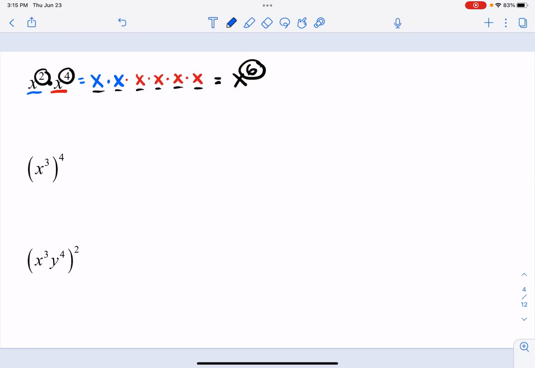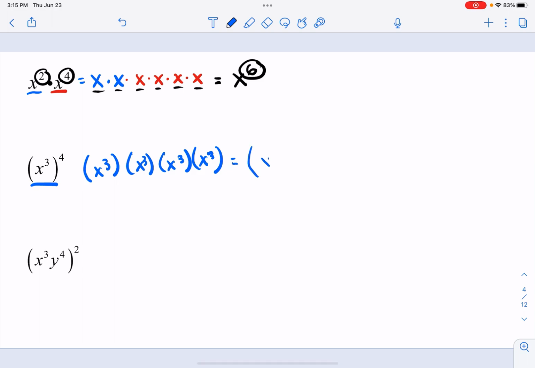For this next one, I have x to the 3rd 4 times. So I have x to the 3rd times x to the 3rd times x to the 3rd times x to the 3rd again. Now let's look at this. X to the 3rd, well, that's x times x times x. This x to the 3rd, x times x times x.